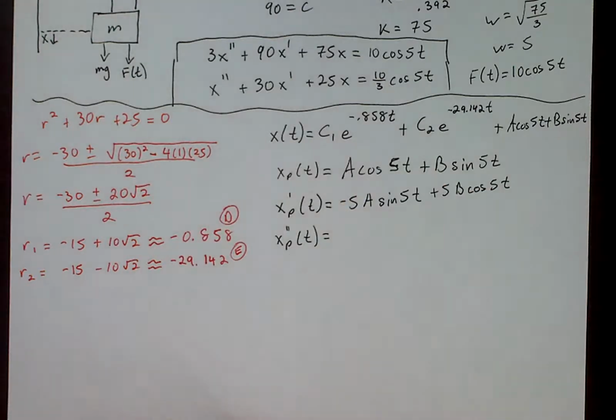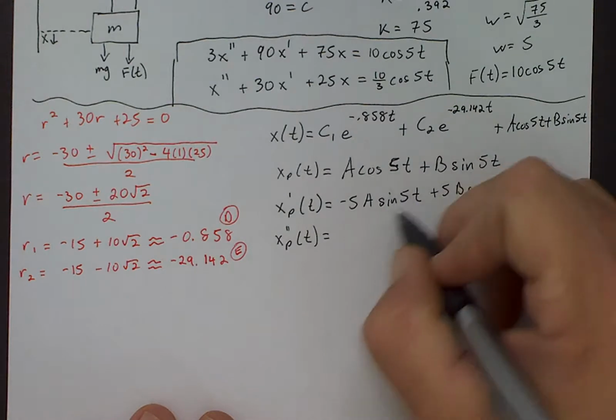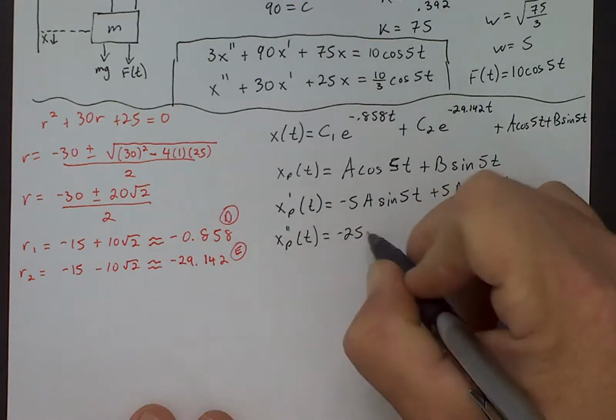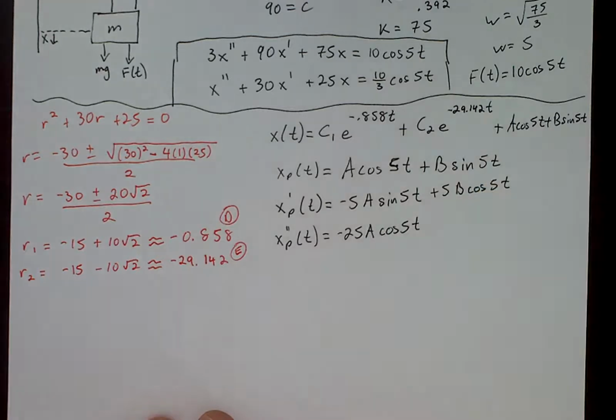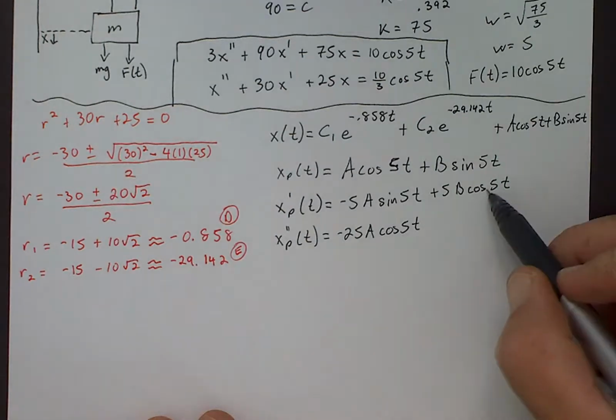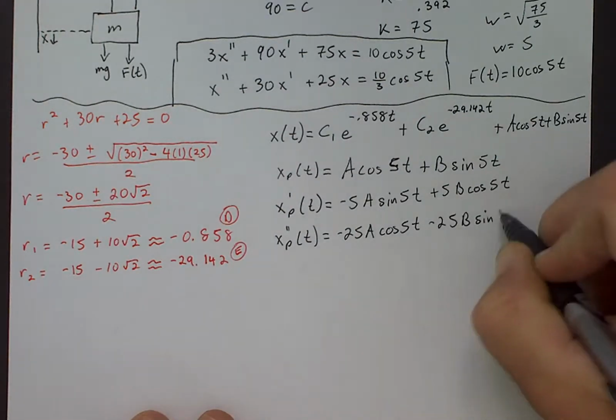Second derivative: sine will turn to cosine, so negative 25a cosine 5t, and this will turn negative, so negative 25b sine 5t.